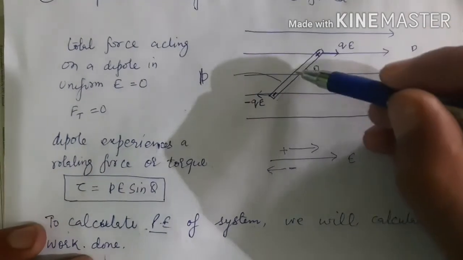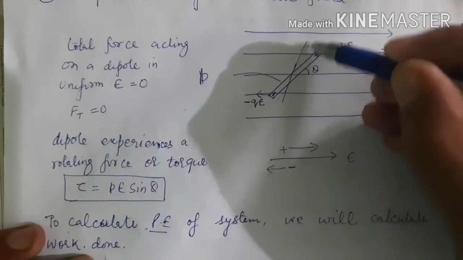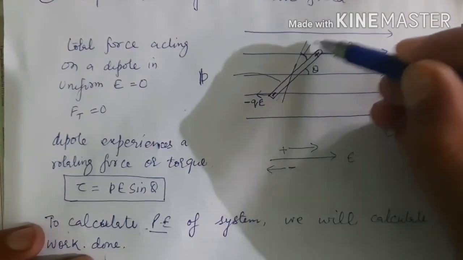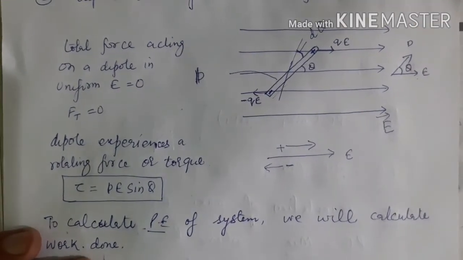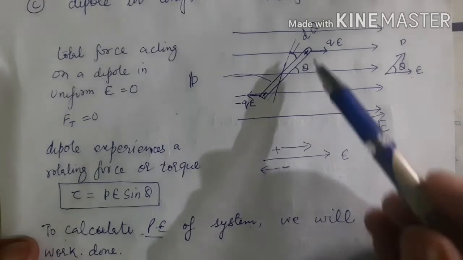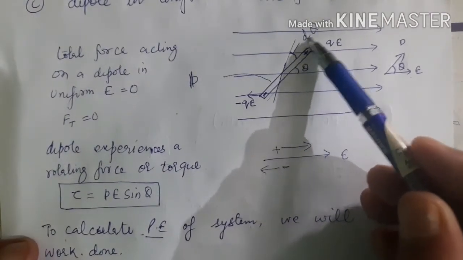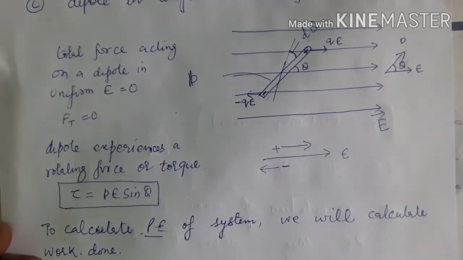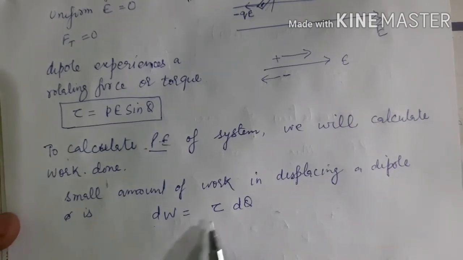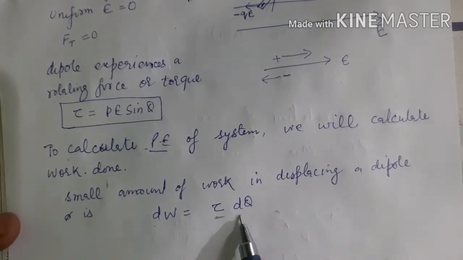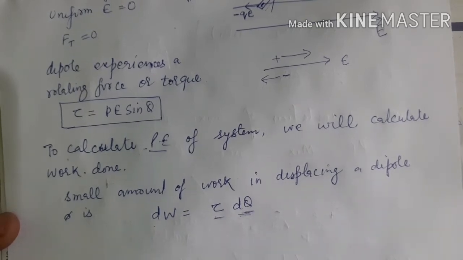So see here, if you rotate this dipole by a small angle, let this angle be d theta. So what is the work done in displacing the dipole by an angular displacement d theta? A small amount of work in displacing a dipole is dW equal to angular force multiplied by the angular displacement.